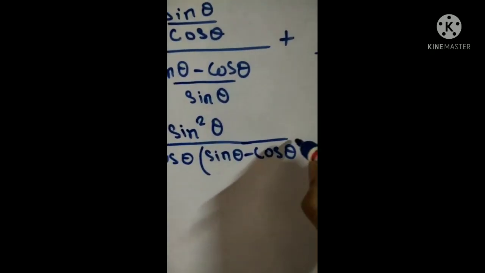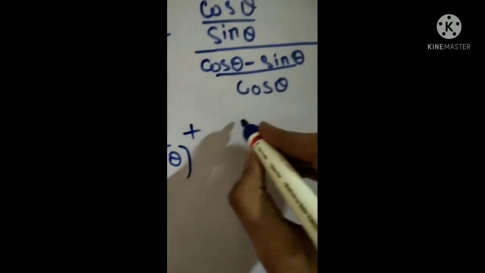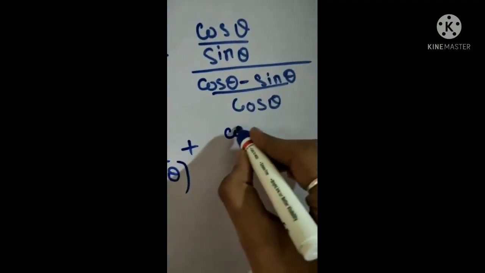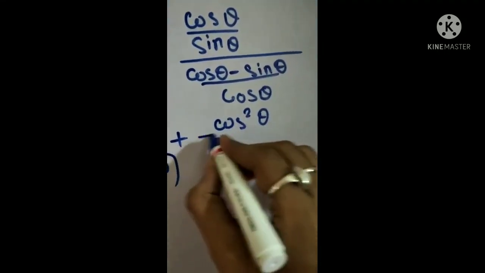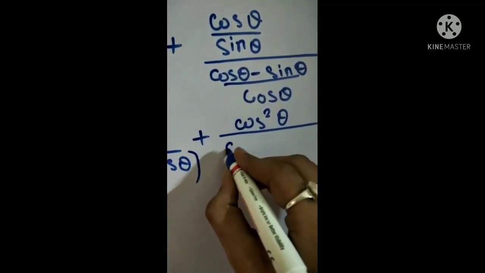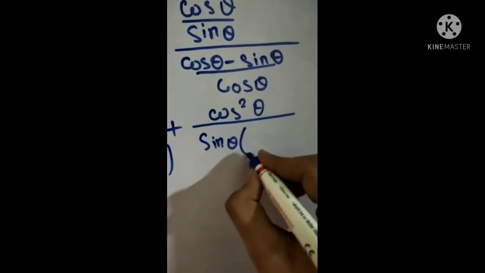Plus, similarly on this side, cos theta will multiply by cos theta, so we will get cos square theta, divided by sin theta times cos theta minus sin theta.